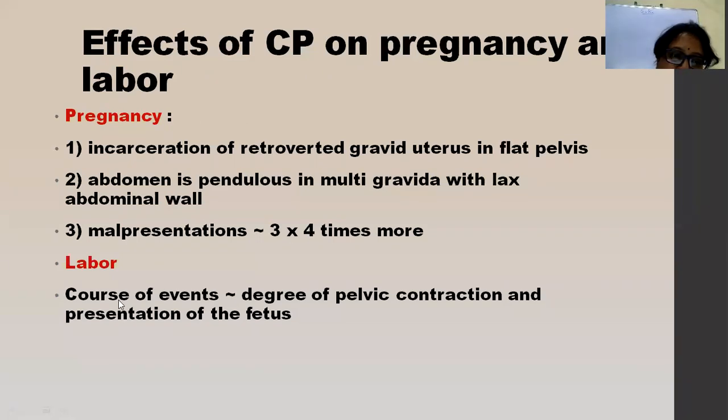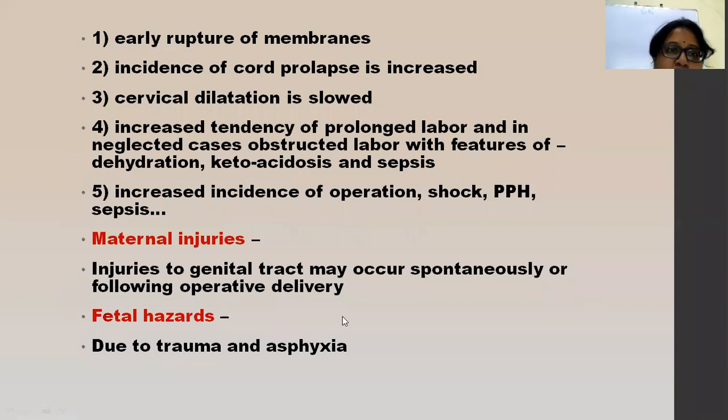And during labor, the course of events is decided by the degree of pelvic contraction and the presentation of the fetus. So what are the course of events which are decided by the degree of contraction?